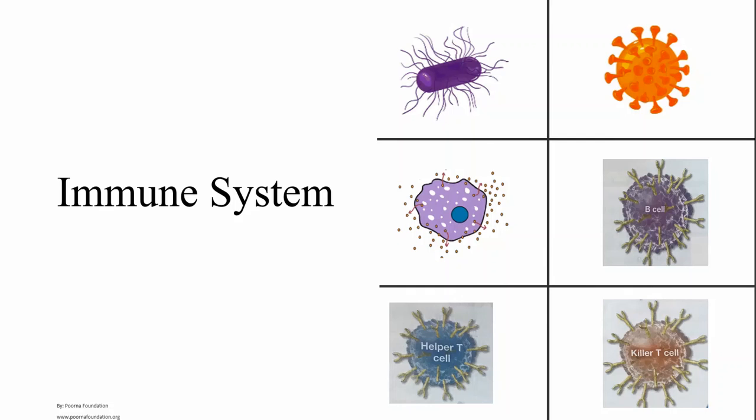Then we learned about the three main cells that protect our body, and how they work individually. Then we learned how the immune system responds to a pathogen by looking at a chart. We then learned about immunity and memory cells and vaccination. And finally, we learned about the challenges to our immune system.